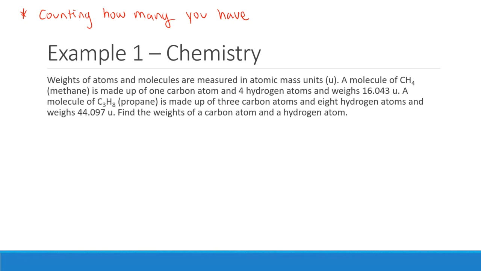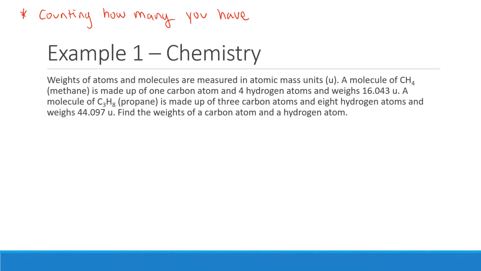So a molecule of CH4, which is methane, is made up of 1 carbon atom and 4 hydrogen atoms, and it weighs 16.043 atomic mass units. A molecule of C3H8, which is propane, is made up of 3 carbon atoms and 8 hydrogen atoms and weighs 44.097 u. Find the weights of a carbon atom and a hydrogen atom.